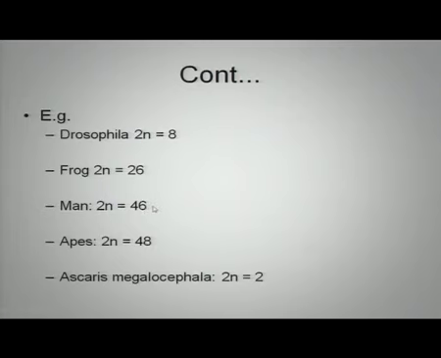Of course, it is Klinefelter syndrome. And if it reduces to 2n minus 1, XO condition, then the disorder is Turner syndrome. Good. Then coming to apes, 2n is equal to 48. There is an organism Ascaris megalocephala where the 2n number goes to 2. So, in each and every organism the chromosome number is specific.